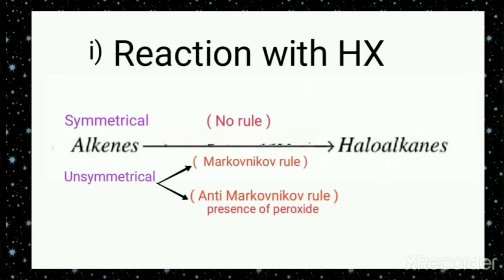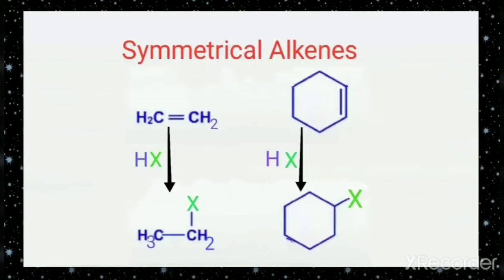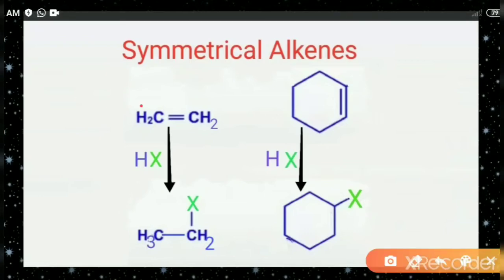Let us discuss with an example. In symmetrical alkenes, the two double-bonded carbon atoms are of similar type, that means both have the same number of hydrogen atoms. This is called a symmetrical alkene. When HX is added, H gets added on one of the carbon atoms and X gets added on the other carbon atom.